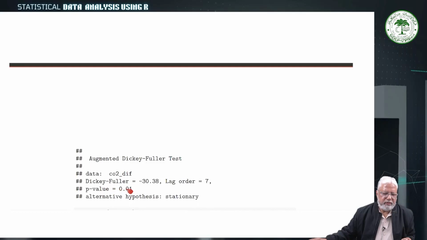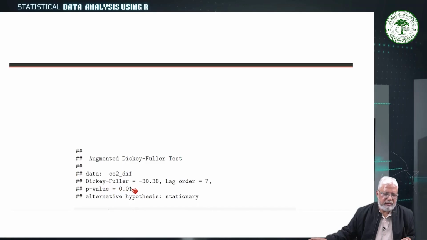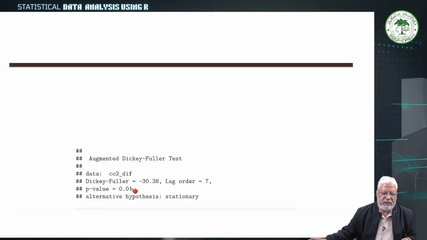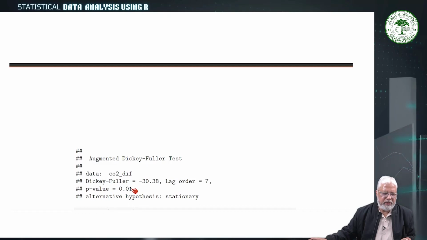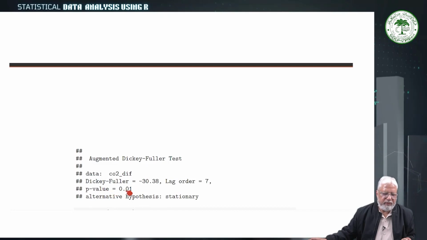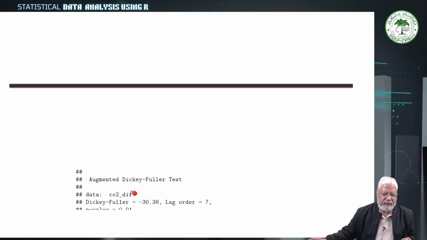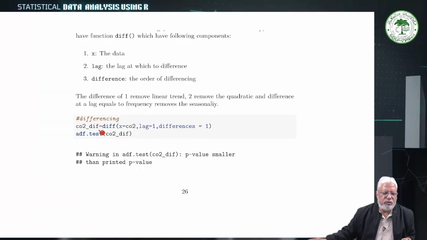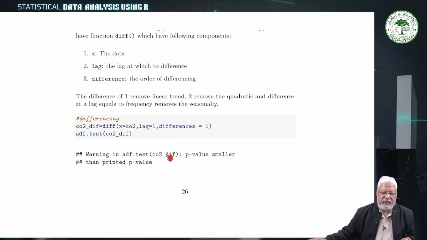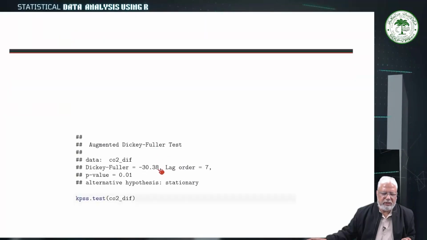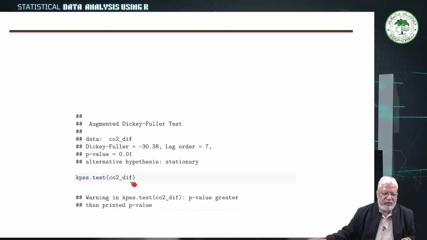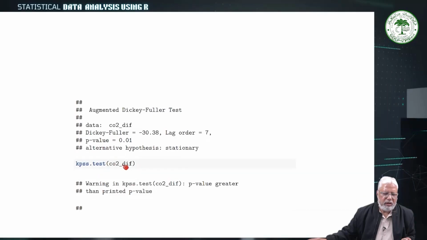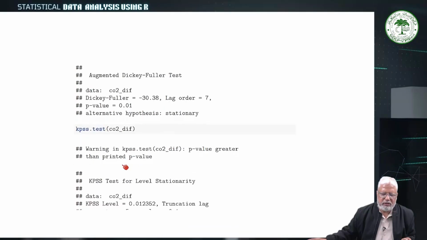So, ADF test, here the null hypothesis that the series is non-stationary has been rejected by the ADF test. So, that means after differencing CO2 diff, the first differencing, the series becomes stationary. And the same thing we will get through the KPSS test.